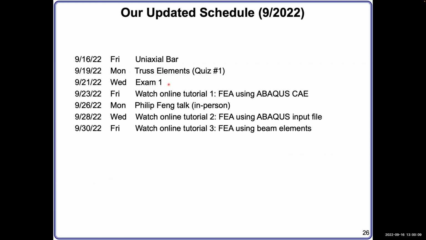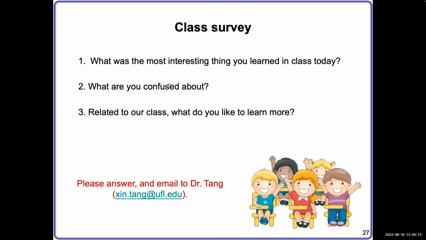We are actually on a very good schedule. And the survey, feel free to send me your opinions and comments after the class. I will definitely incorporate your comments and concerns into the class to upgrade it, so that you have a greater learning experience.